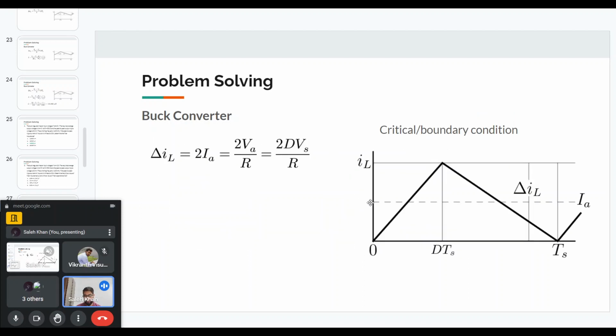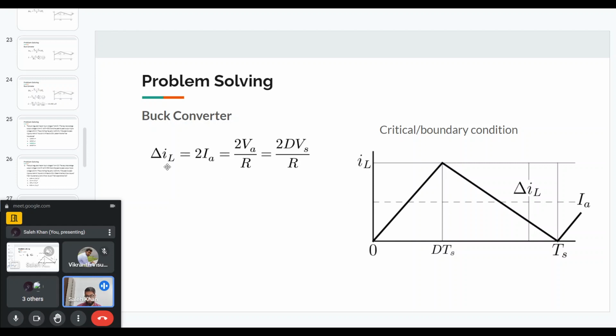So here the average current, which I've shown with this dashed line, is equal to the load current. This is basically a triangle, and the average value will be just at the middle of this triangle. So that means for the critical condition, delta IL will be twice this average current.